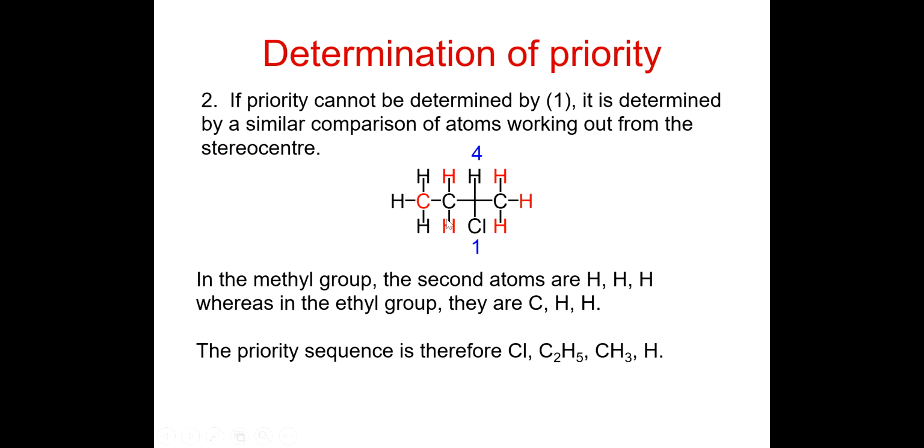Which one is bigger? The ethyl group is bigger, right? Because it has one carbon and two hydrogens compared to the methyl group connecting to three hydrogens. So the priority sequence for this molecule should be chlorine, ethyl group, methyl group, and the last one is hydrogen.